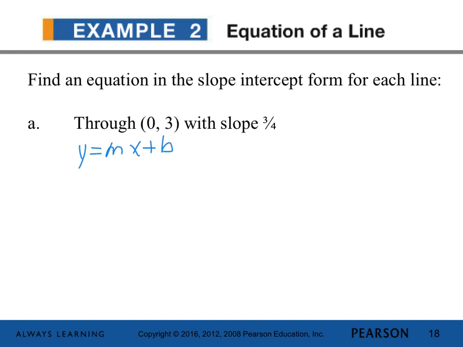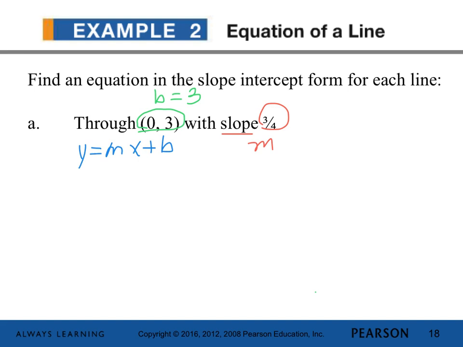Through the point (0, 3), which tells us that b is equal to 3, with the slope, which we know is m, is 3/4.